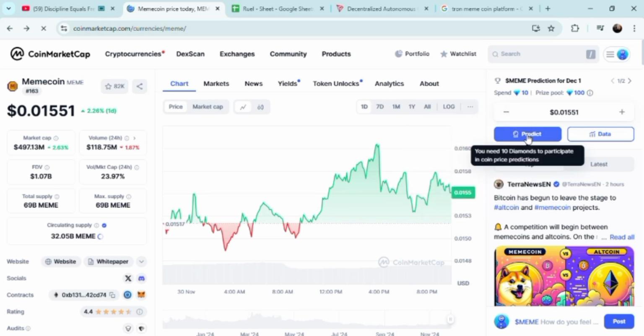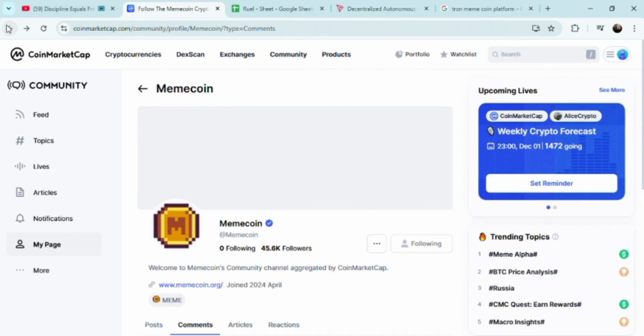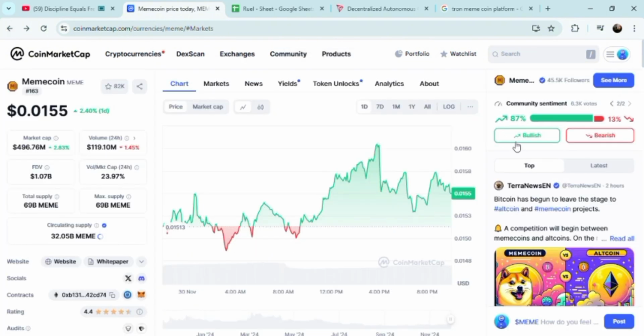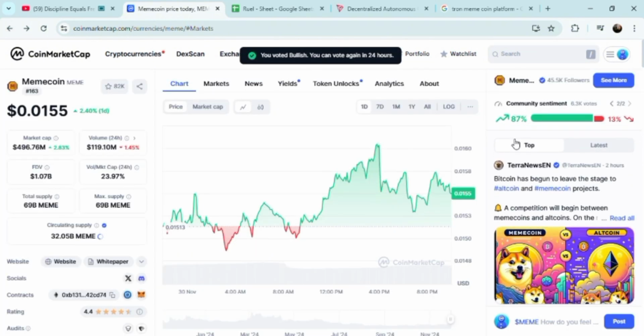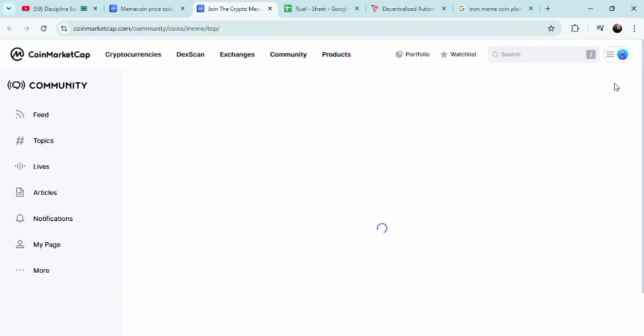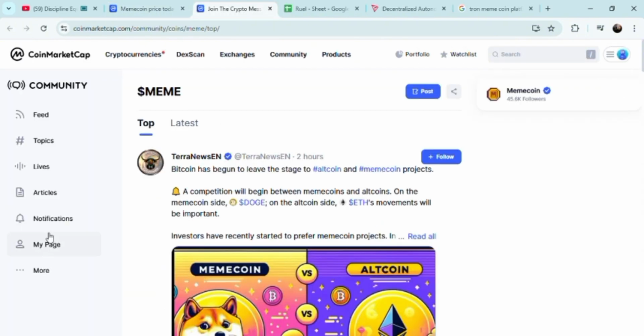Many of these cater to the DeFi and meme coin niches, like the one that we purchased here on Tron. Several meme coins are native to Tron, making it easier for users to find and trade these assets directly without relying on bridges or cross-chain swaps.